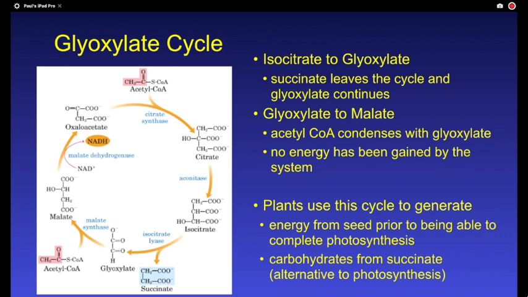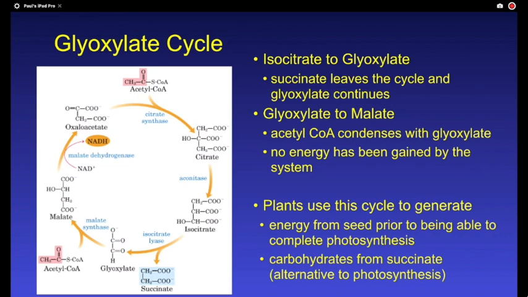And so I can use a cycle that has 3 enzymes that are exactly the same, 2 enzymes that are different, with 1 intermediate that is different, a different waste product, and provide energy from fat within plants.